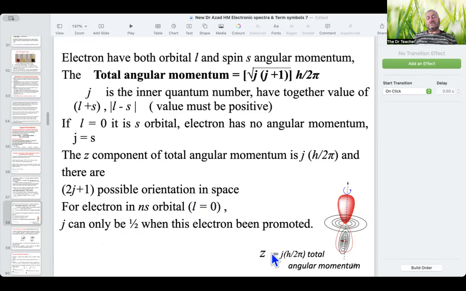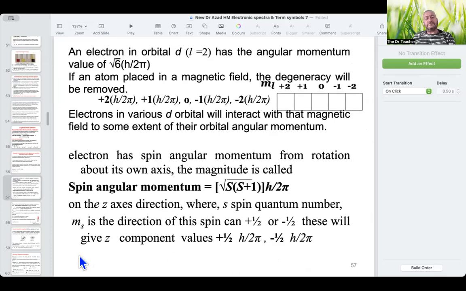So the Z here equals to J. So the total angular momentum is Z. Spin.